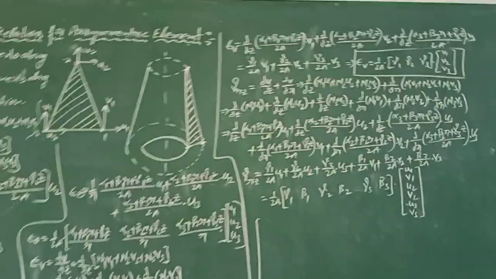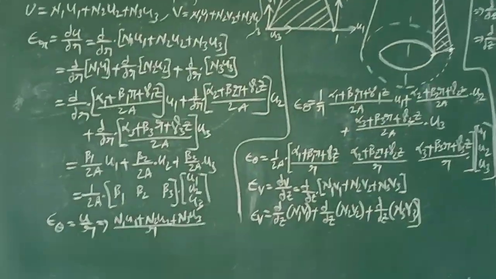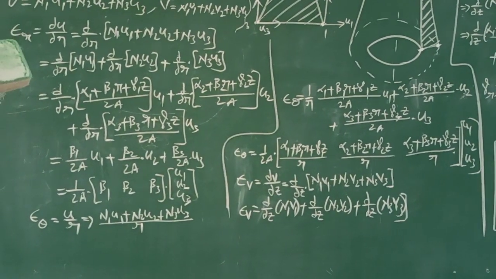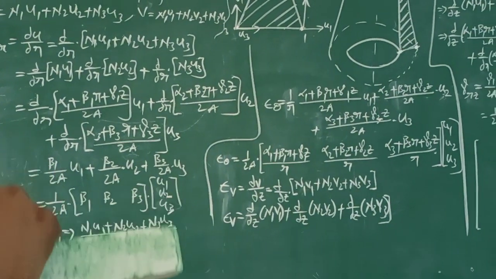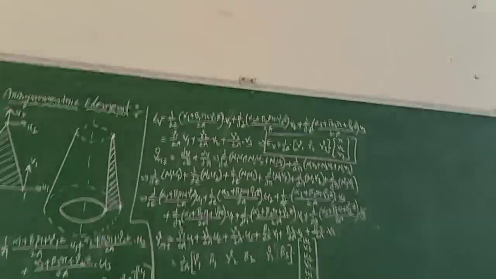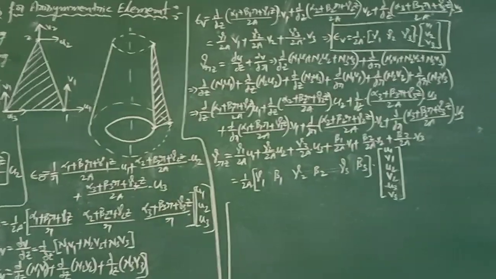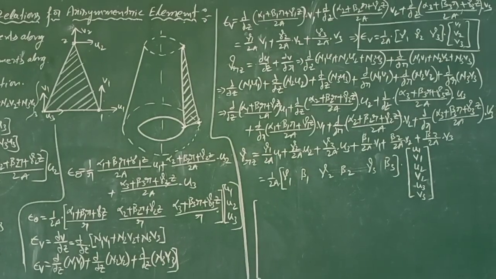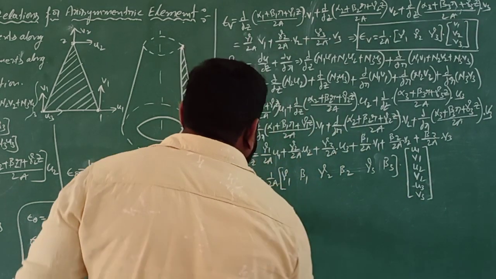So epsilon r is equal to 1 by 2a into beta 1, beta 2, beta 3 into u1, u2, u3. Okay, so I got all the equations. Substitute all the equations here, and then only we will get the final equation.